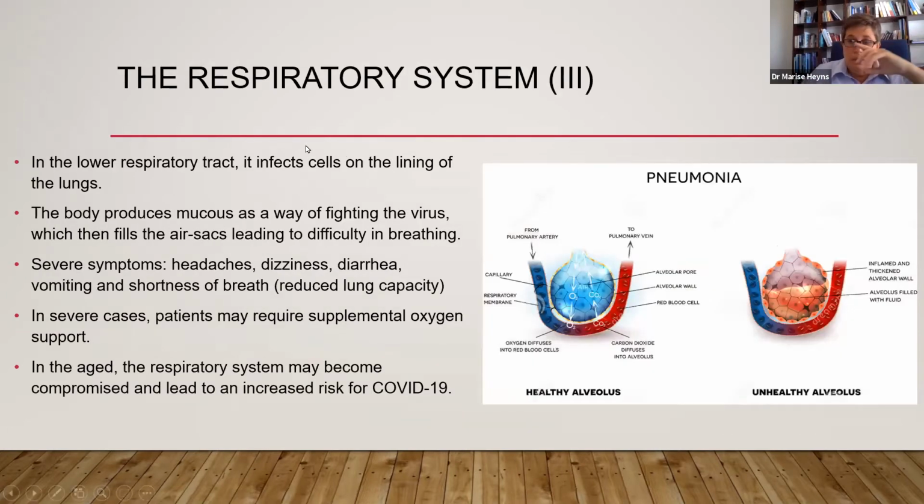So now the virus is in the lower respiratory tract. So there you've got your alveoli. It's a normal, healthy alveolus. It's a thin membrane, and it's surrounded by blood vessels. And you can have a clear exchange of carbon dioxide and oxygen between the little balloon and the blood vessels around it.